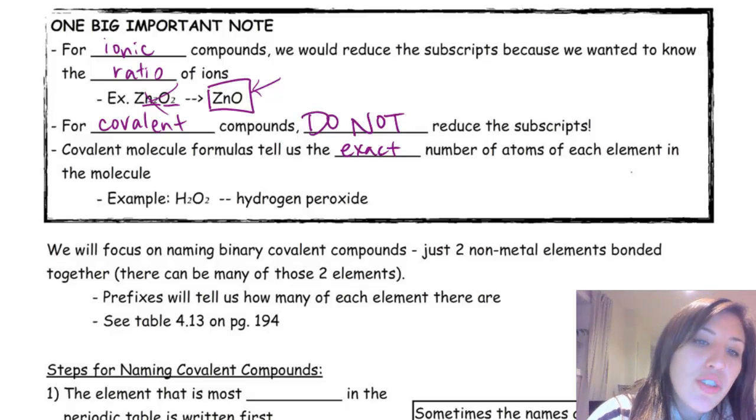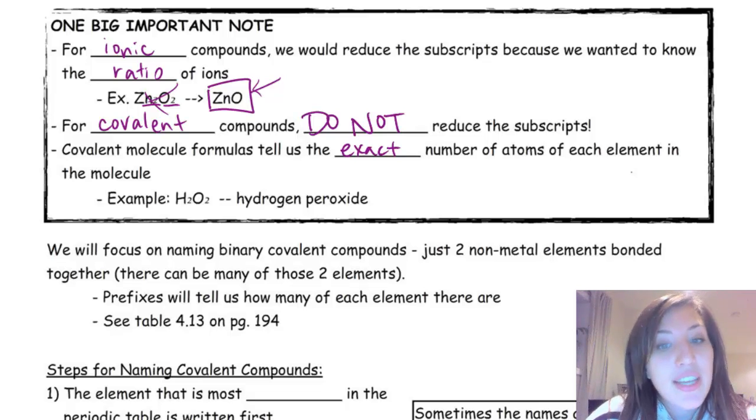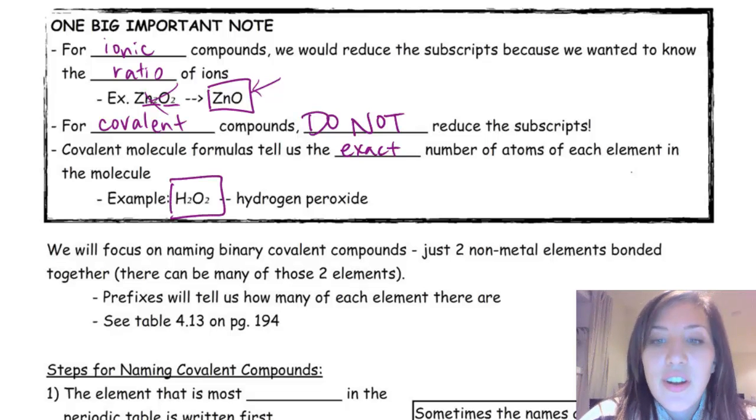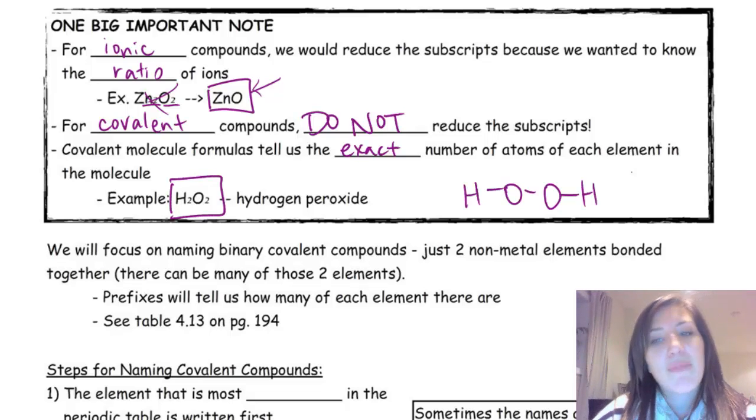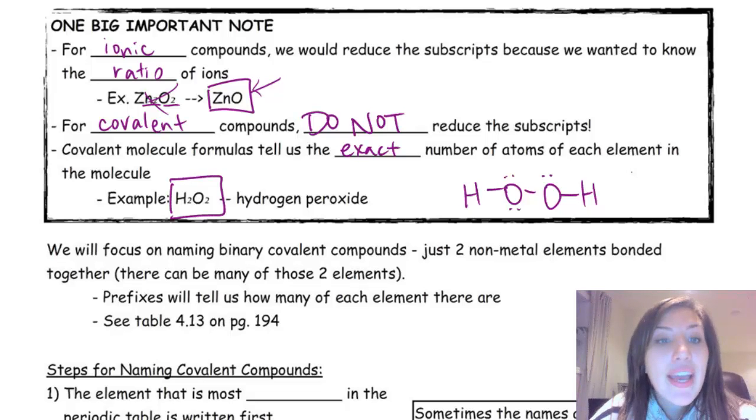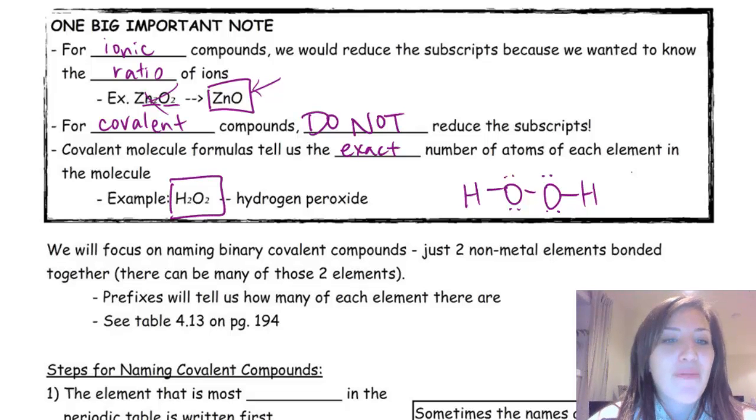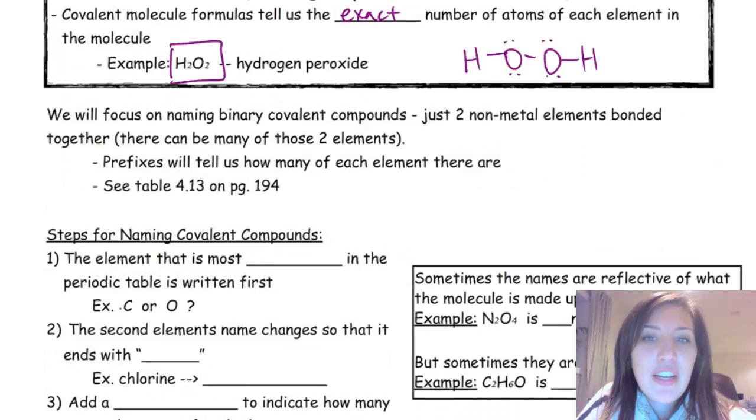So H2O2, for example, hydrogen peroxide, tells us that there are 2 oxygens and 2 H's in that molecule. So here I'll draw the Lewis diagram for hydrogen peroxide. We need to know exactly how many to draw, so for a covalent compound, you tell us in the subscripts how many there are. So we're going to focus today on naming binary covalent compounds.